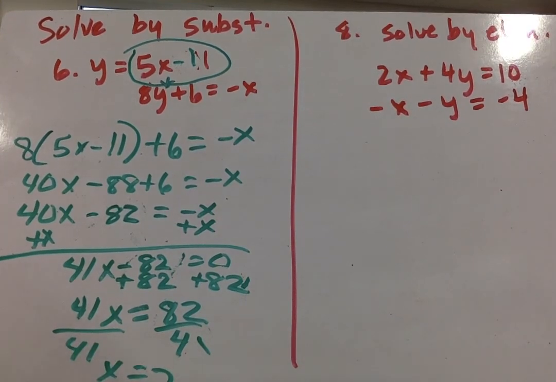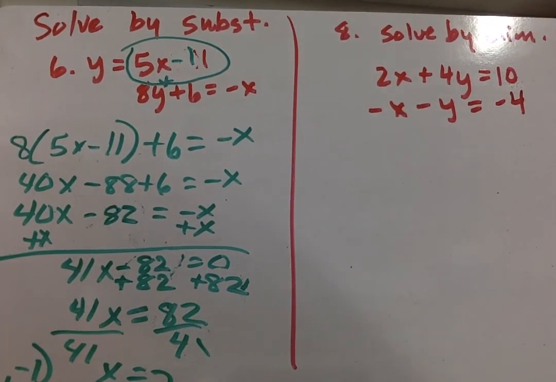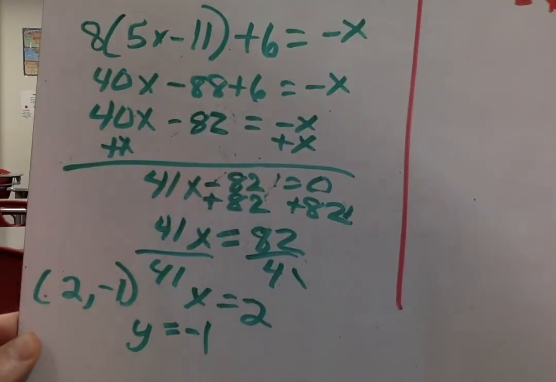X equals 2. So if I put 2 in there, 5 times 2 is 10, minus 11, y is negative 1. So our answer to this one is 2, comma, negative 1. Hopefully you can see that okay. Pause the video if you need to.